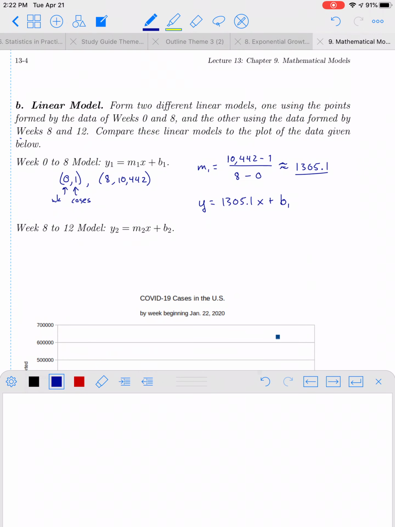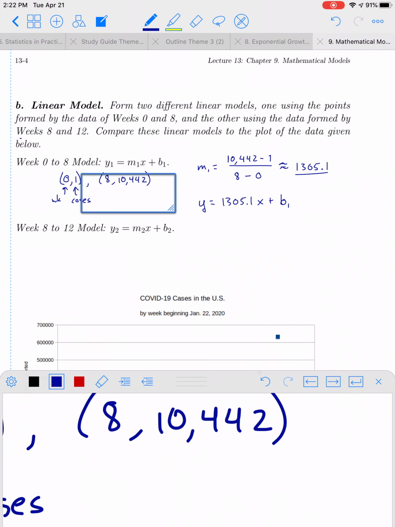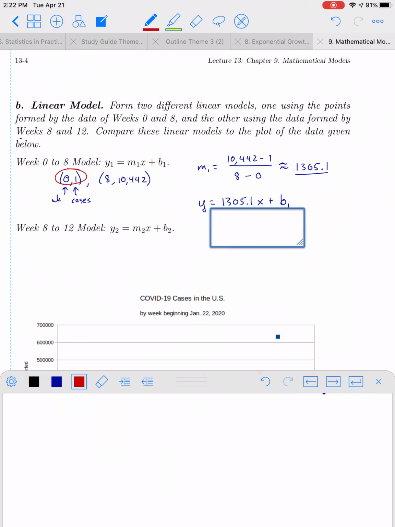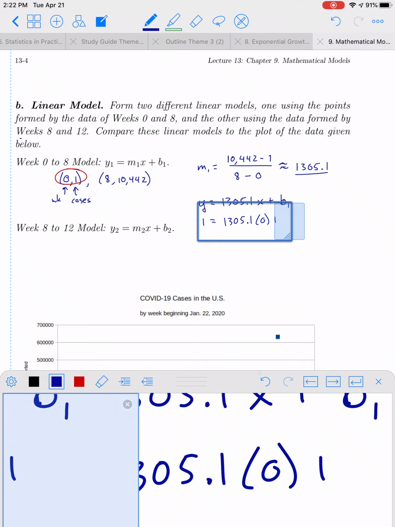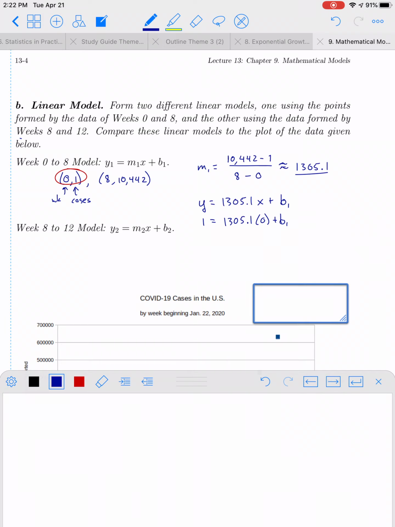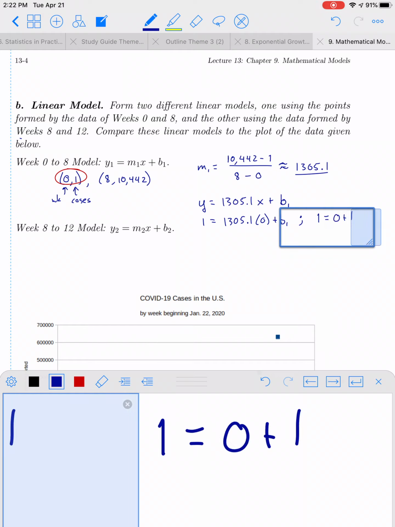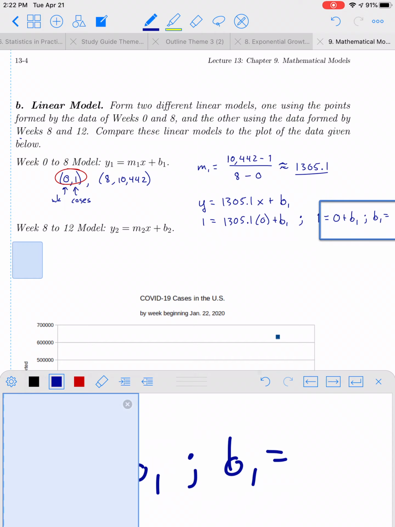In our case, it's kind of easy to see. When x is equal to 0, we have that y is 1. So we can plug this into an equation that looks like 1 equals 1305.1 times 0 plus b1. And this is the same as 1 equals 0 plus b1. So b1 is just 1.